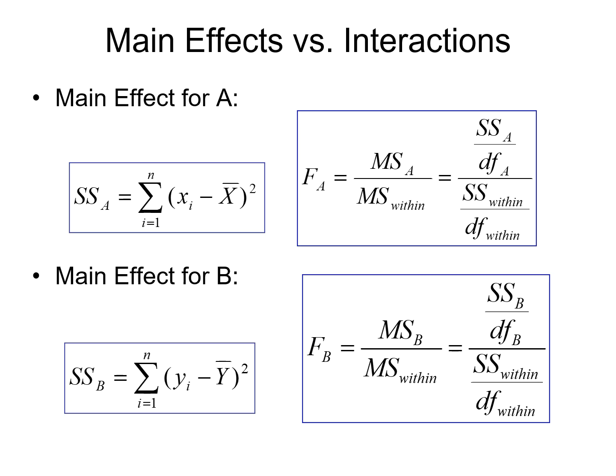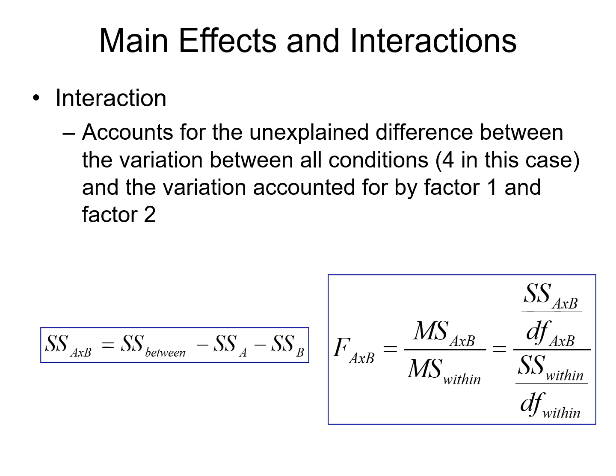The interaction is accounting for any unexplained differences between the variance in all conditions, 4 in this case, and the variance accounted for by factor 1 and factor 2. So basically, it's the sum of squares between minus the sum of squares A minus the sum of squares B. That gives us our sum of squares of the interaction. We're going to divide that by degrees of freedom, which gives us our mean square for the interaction, and we're going to see if that's significant as well.